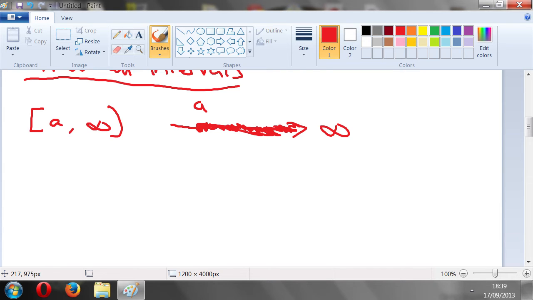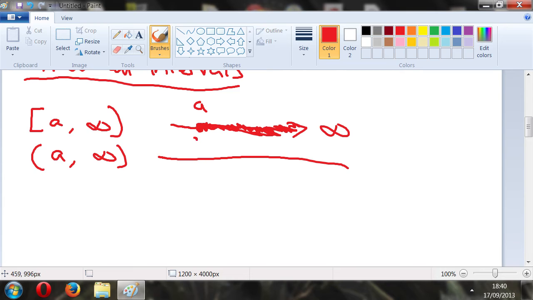And then we can do the other way. We can have an open interval, so we could do something like this. We have A here, and we'll put that in there. And again, we're going to go to infinity. Then we could also approach from the other side.